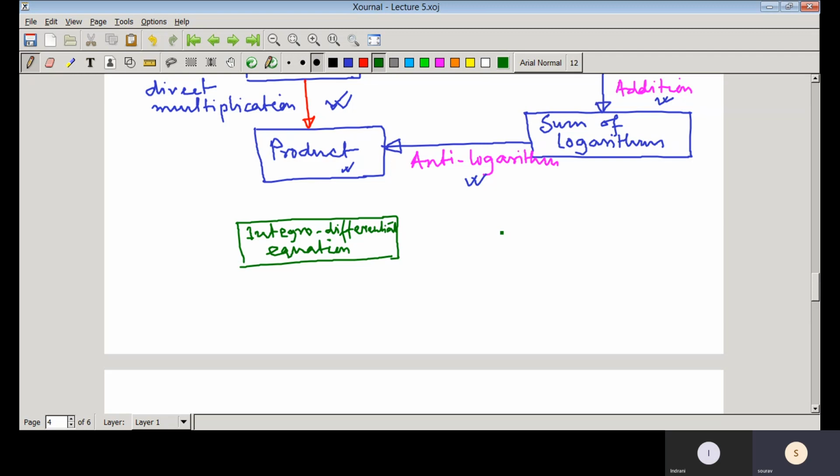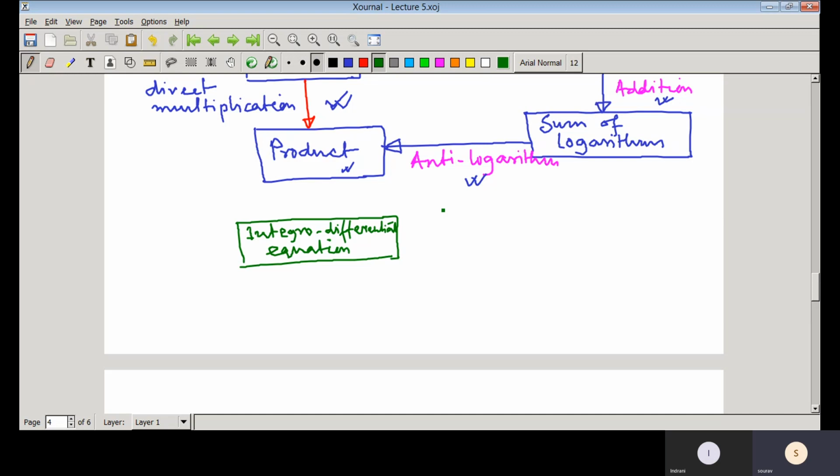Like in case of an RLC circuit, whenever you write the KVL equation, it would be V equal to IR plus L di by dt plus 1 by C integral of I dt. So it consists of derivative and integral, and that is called an integral differential equation.